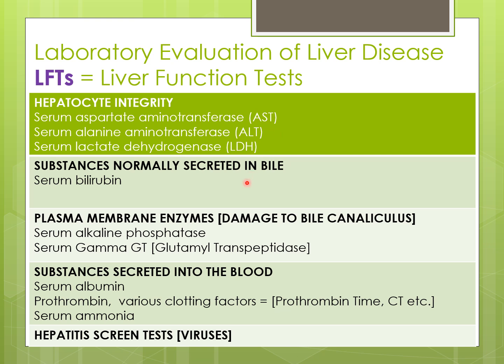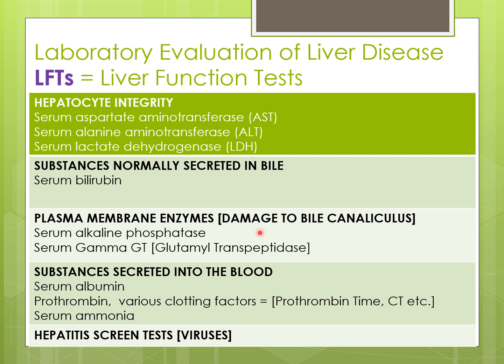The second important group is the substances which are normally secreted in the bile. The bile is produced by the liver, and we know serum bilirubin metabolism. So whenever bilirubin is elevated, that means there's a problem in the liver function. Third group is of plasma membrane enzymes which are associated with the bile canaliculi.